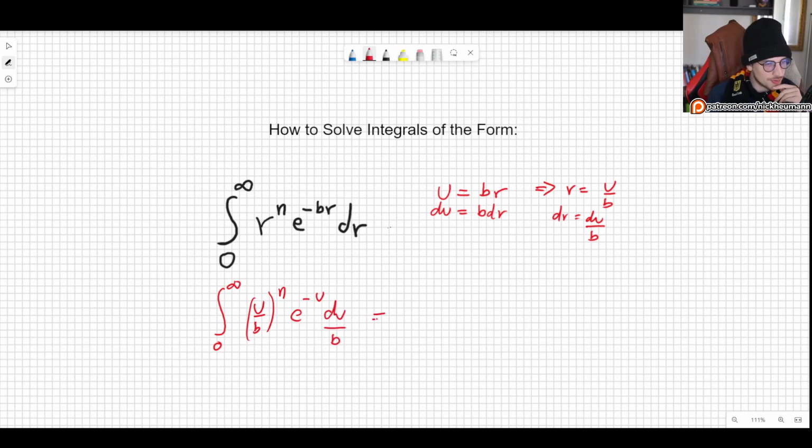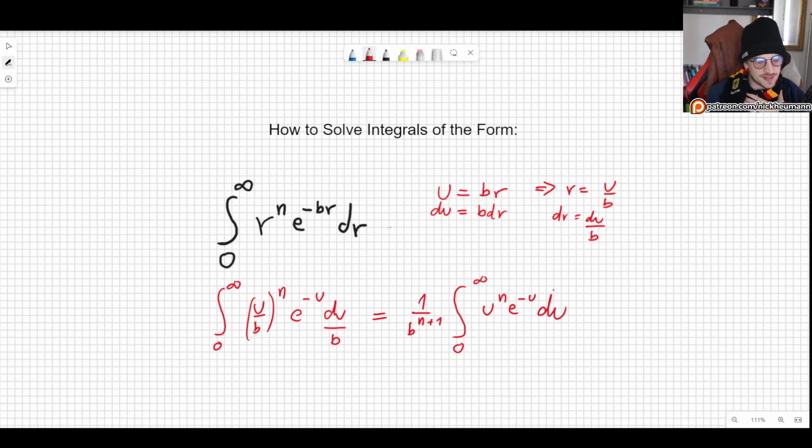From this change of variable, what we're going to have is 1 over b to the n plus 1. That is b to the n from here times b over here. And then the rest of the integral: the integral from 0 to infinity of u to the n e to the minus u du.